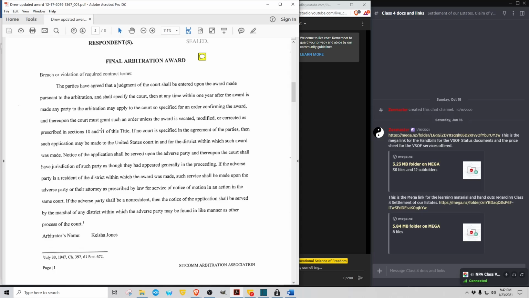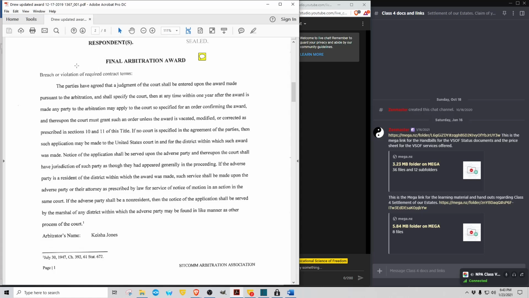It's understandable. It's a very intense document, and it's very thoroughly loaded. I don't hold it against anybody that might not see it, but we can always correct the arbitrator. So, breach of violation of required contract terms.